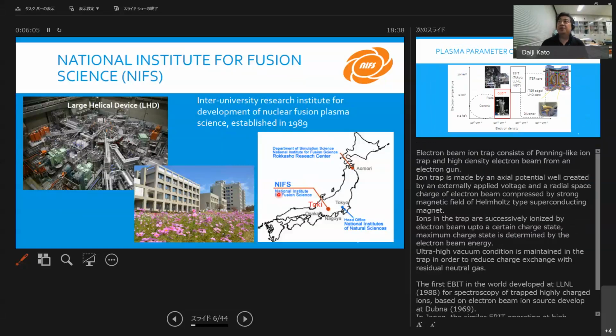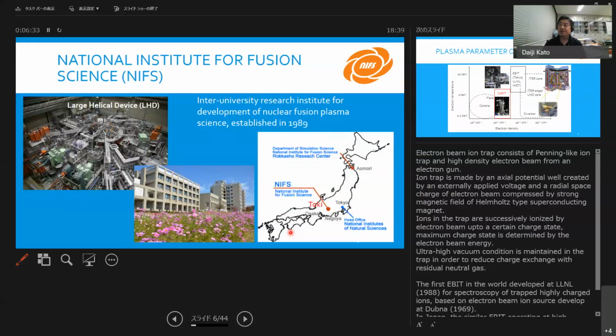An electron beam ion trap consists of a Penning-like ion trap and a high density electron beam from an electron gun. The ion trap is made by an axial potential well created by an axially applied voltage and the radial space charge of the electron beam, compressed by the strong magnetic field of a Helmholtz type superconducting magnet.